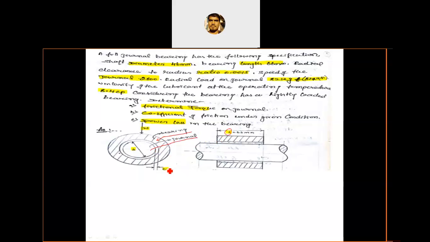The clearance between the journal and the bearing is the radial clearance, and this is the diameter of the journal, with the radial load acting on the journal or bearing. Based on these data, you have to find the frictional torque, coefficient of friction and power loss.